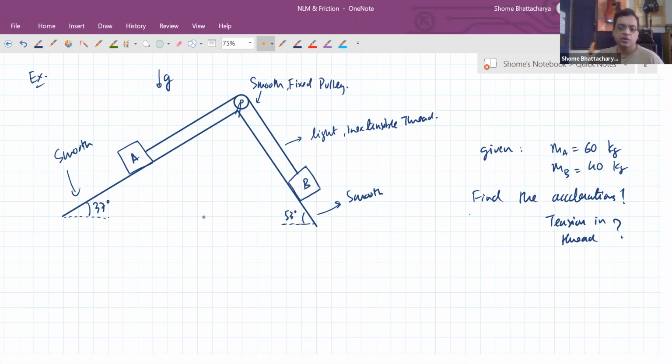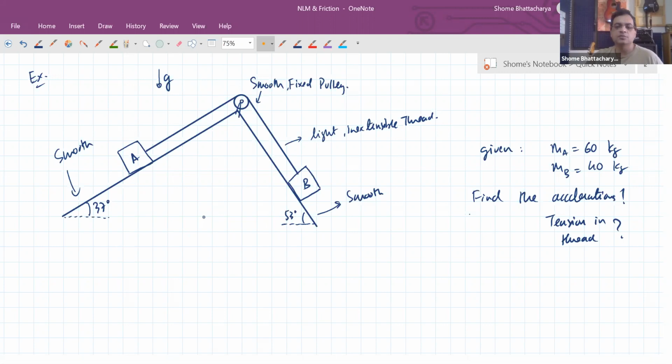It's a little bit tricky to analyze whether the block B will be sliding down its incline and A will be sliding up the incline, or vice versa, that A will be sliding down the incline and B will be sliding up the incline. So there is a method to understand that, but we can also do one thing, that we can just make an assumption about any direction and solve our equations according to the assumption.